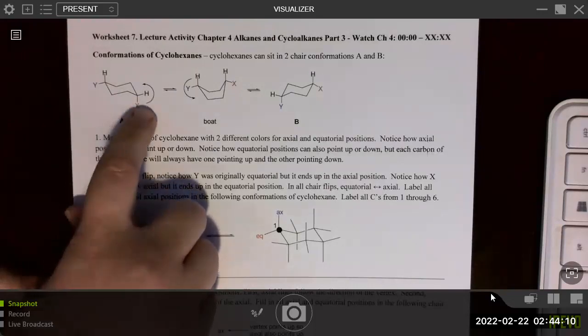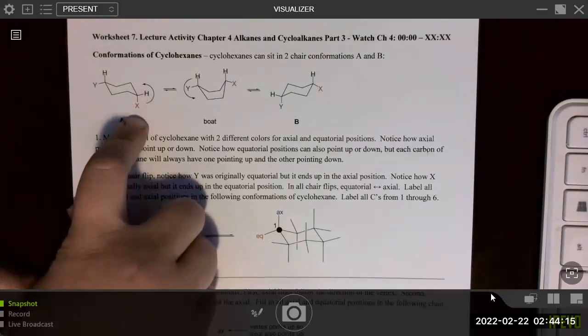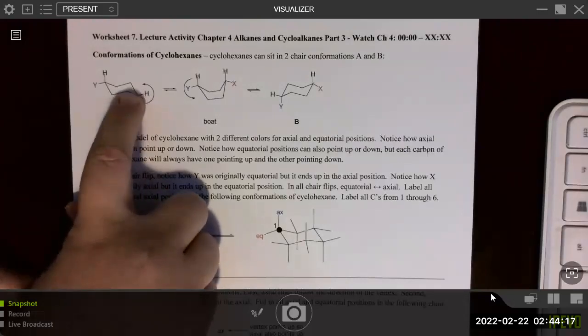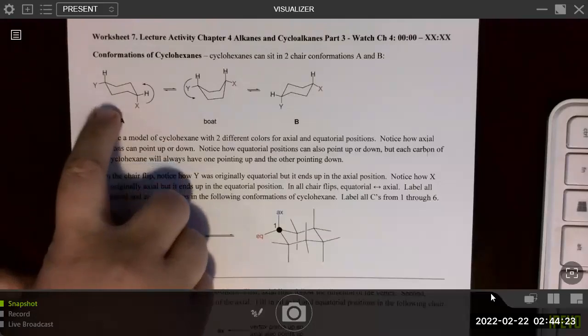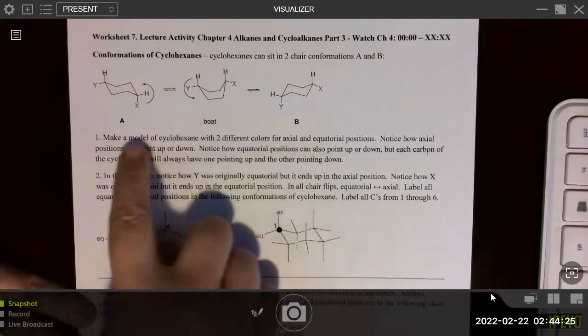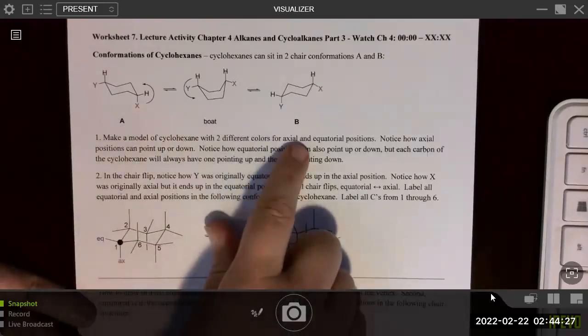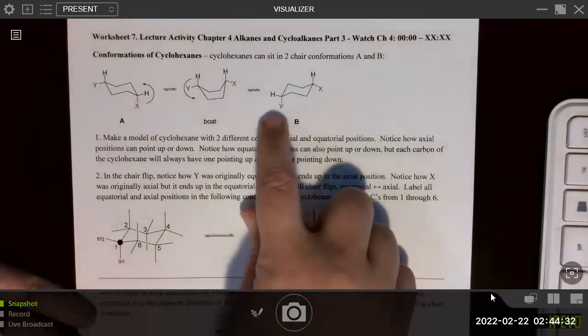What you'll notice is that the X here is in an axial position because it is either pointed straight down or straight up, in this case, straight down. And the Y is in an equatorial position. And after the ring flip, we have flipped from axial to equatorial and vice versa, but the groups are still in a down position.